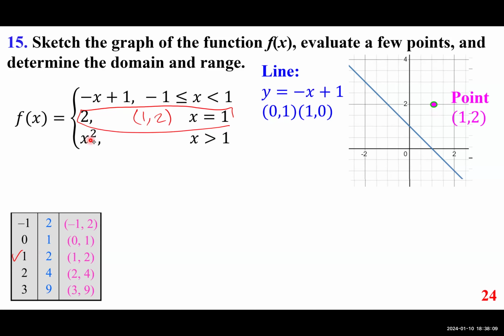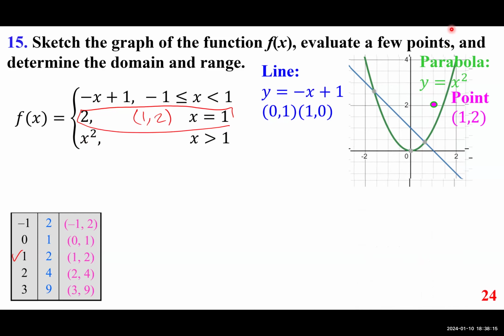And the last thing is y equals x squared. It's a parabola. Now, how do we put them together? This is what I want you to pay attention to. This works from -1 to 1. So at -1, we are here and we have a solid point.